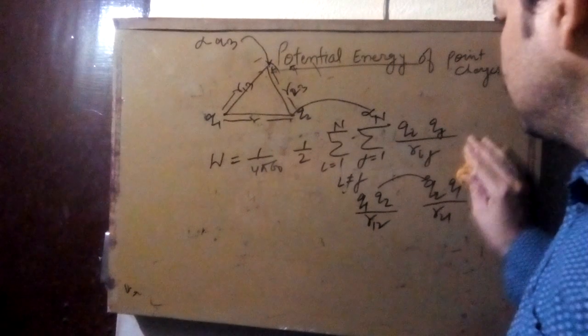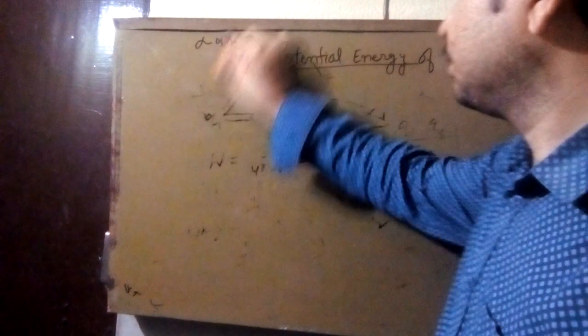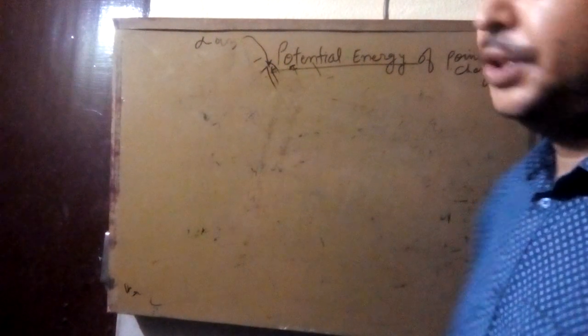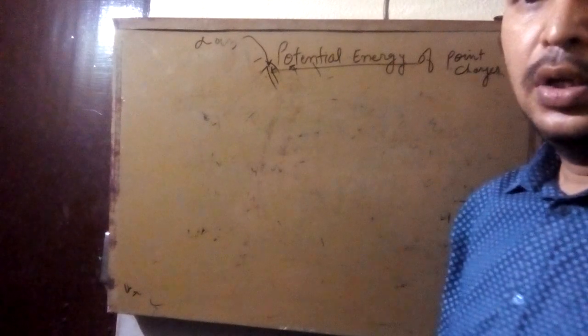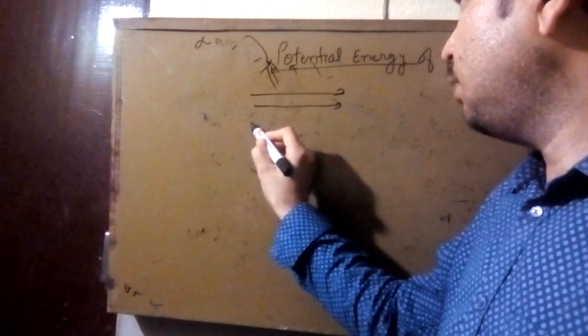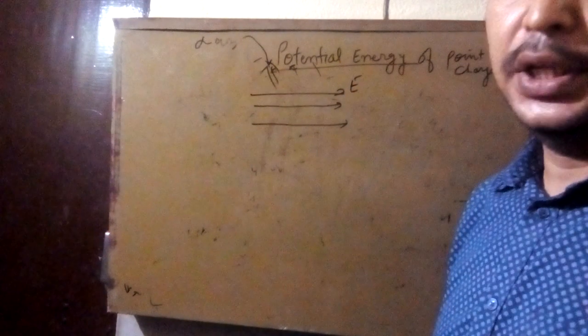Now this is the potential energy of a system of point charges. Now what will be the potential energy if an external field is already given? Suppose this is the external field E, a uniform external field E is there.